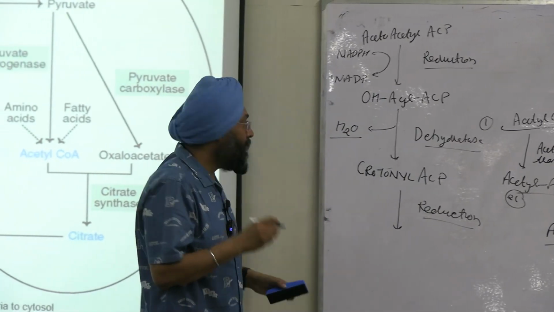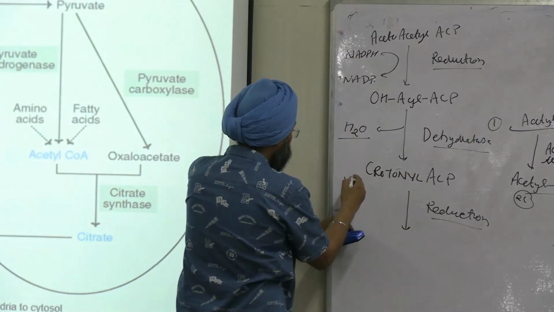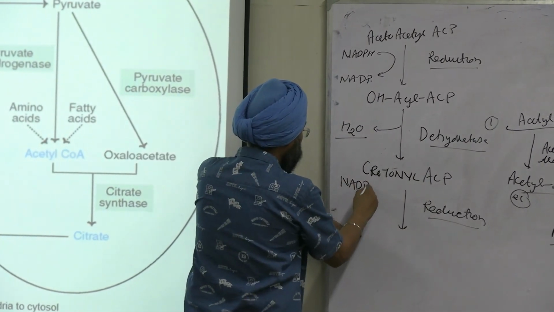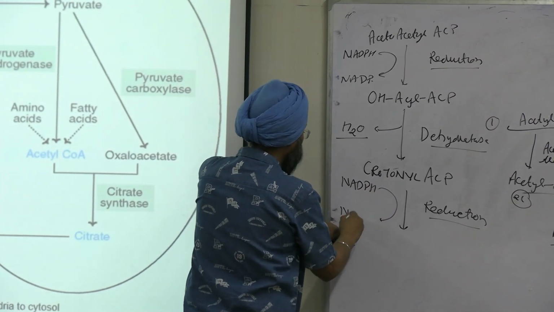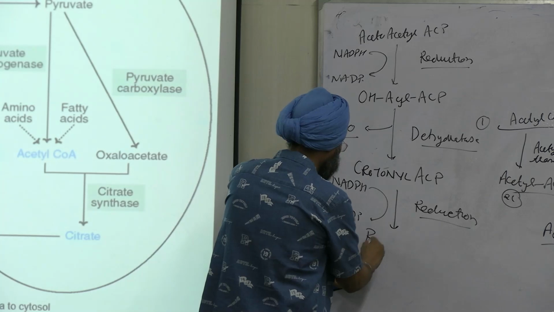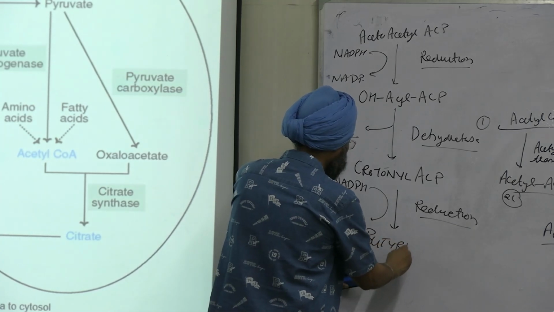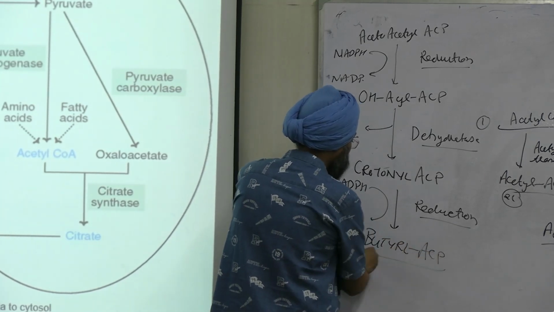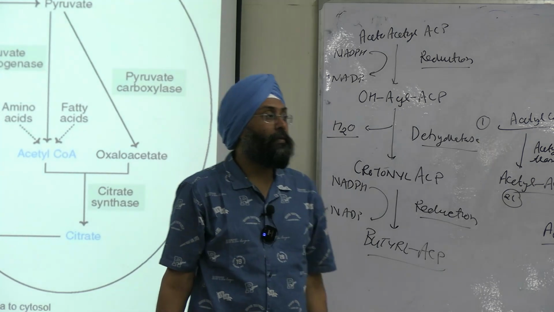For reduction, the same reducing equivalent NADPH is converted to NADP positive, and what will we get? Butyryl ACP. Butyryl, how many carbon atoms?